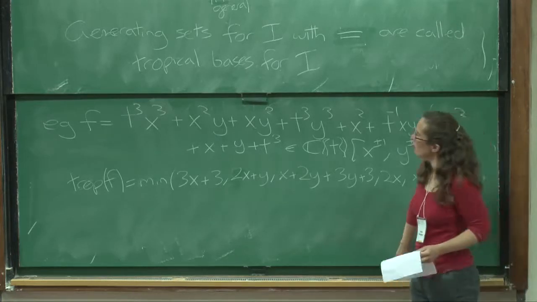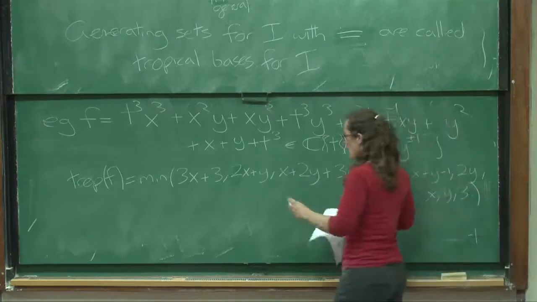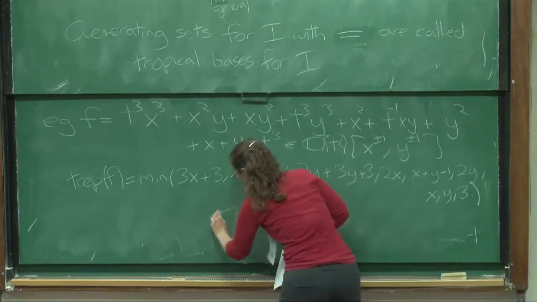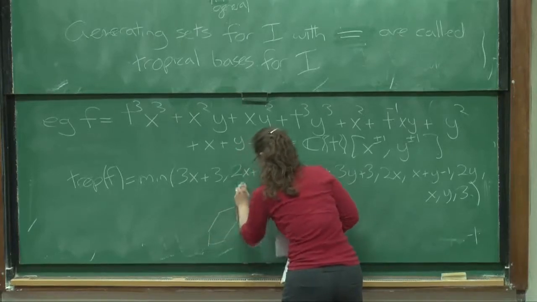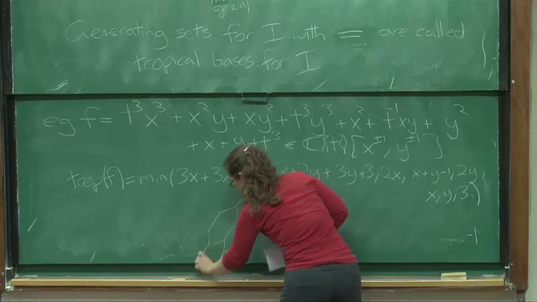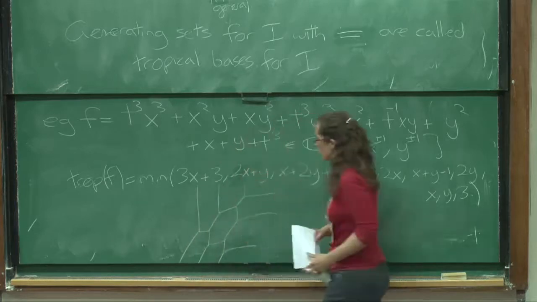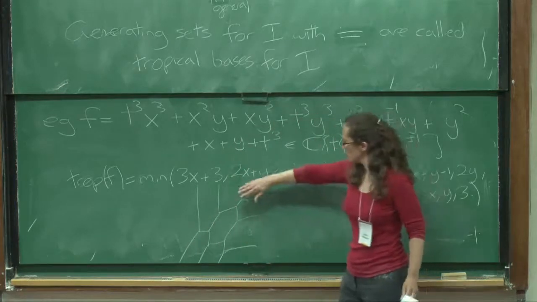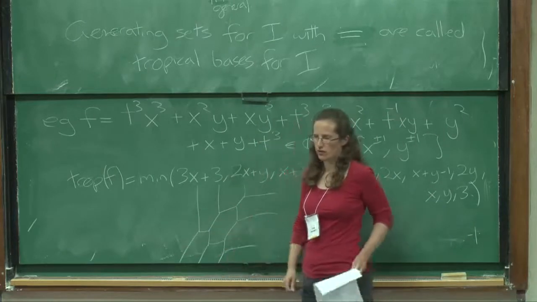So as a function, this is again a function from R^2 to R. What does it look like? So here's my picture of my tropical elliptic curve. I have 3 directions going to the left, 3 going up, 3 going in the (-1, -1) direction.